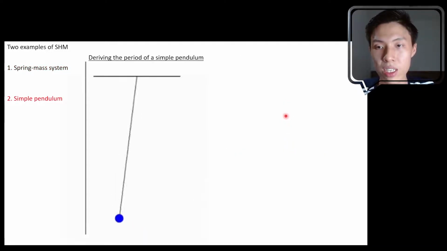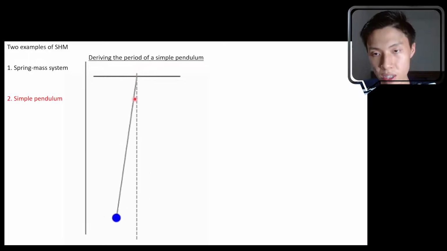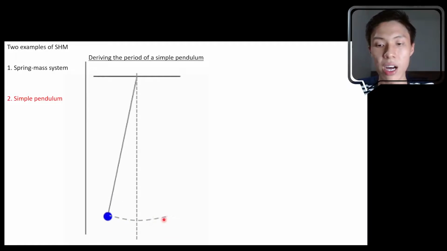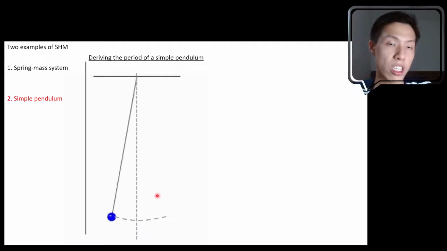What I have here is a simple pendulum oscillating, and we treat this vertical line as the equilibrium position. This simple pendulum oscillates and traces out a circular arc based on the motion of the pendulum bob. First, we determine the dimension in which the object is moving.